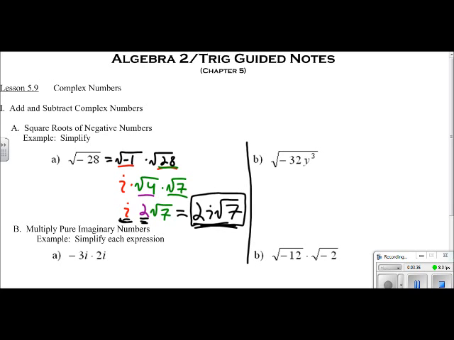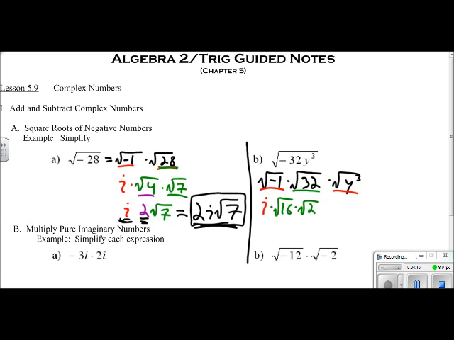Similarly, looking at b, we can split this up into the square root of negative 1 times the square root of 32 times the square root of y cubed. Now again, like René said, the square root of negative 1 is i. We can split up the square root of 32 into the square root of 16 times the square root of 2, because 16 times 2 is 32.